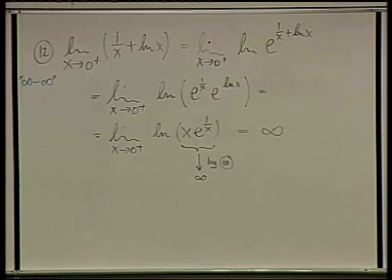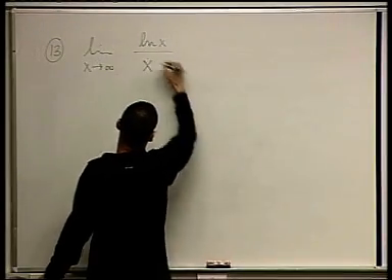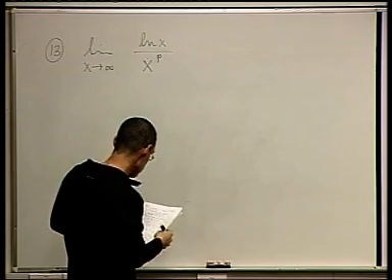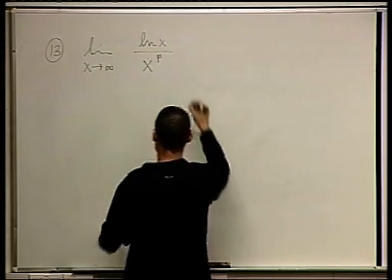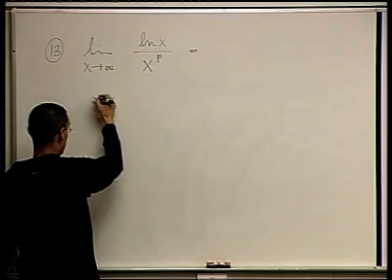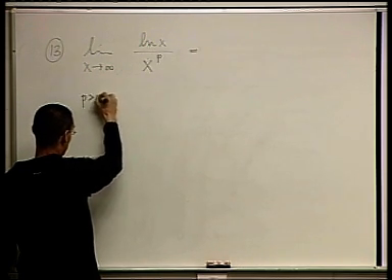So 13, suppose you take the limit as x goes to infinity of ln of x divided by x to some power. Let's call the power p for power. Okay? So by L'Hopital, this is an infinity over infinity situation. Let's assume that p is greater than 0.